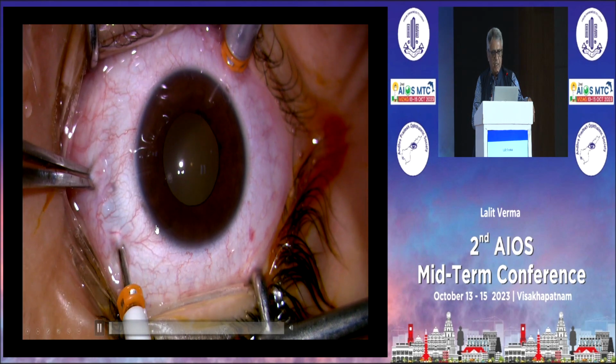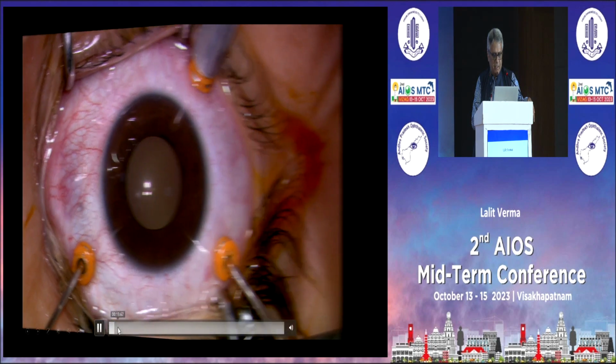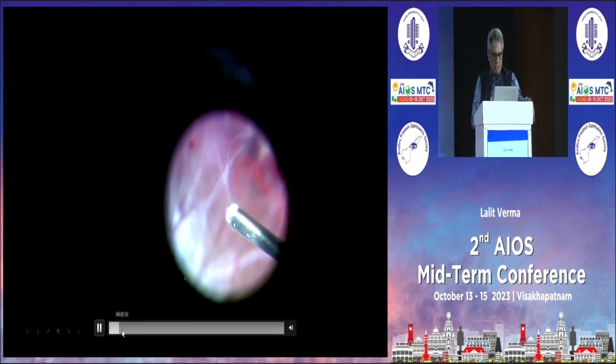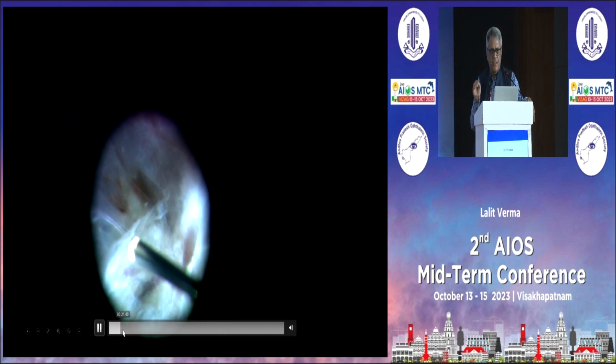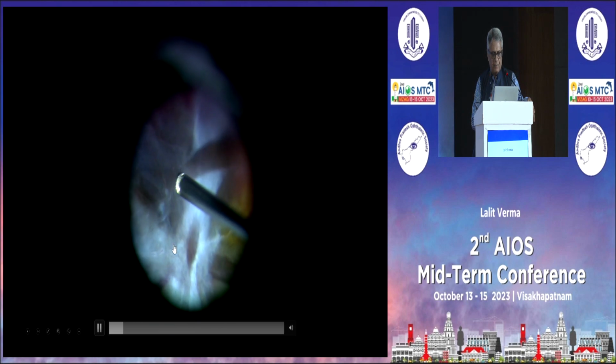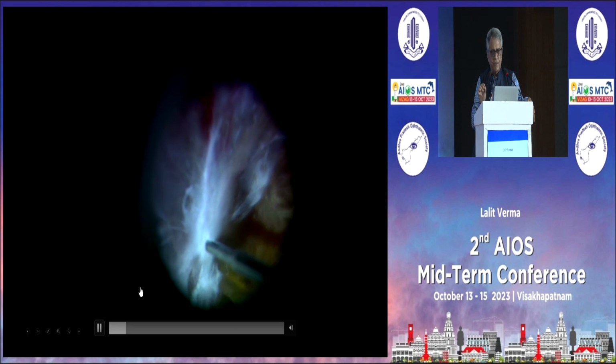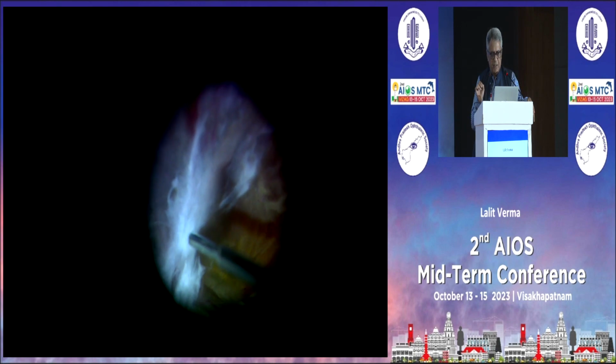This young lady, IDDM, severely proliferative disease, presented with combined detachment. So here again, finding the hyaloid plane is a challenge. You see there's a hole here, and there's a massive proliferation here. So here just a slight pull at the level of the disc.